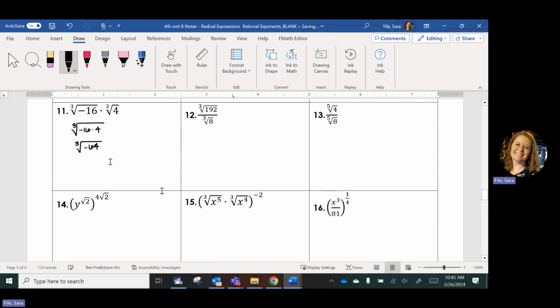Under all radicals, or does it matter if this is an odd or even index? It matters. We said at the beginning of these notes, if it's even, we can't have the negative underneath. But 3 is odd. We can have a negative under an odd index. That's okay. So that means our answer is going to be negative. What is the cube root of 64? So this is negative 4.